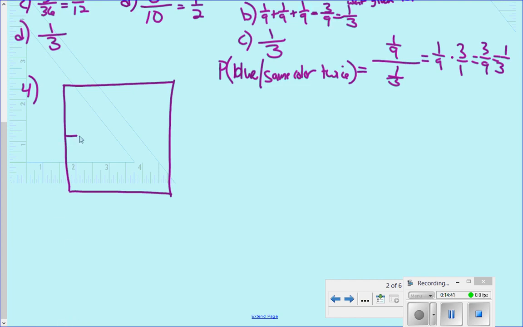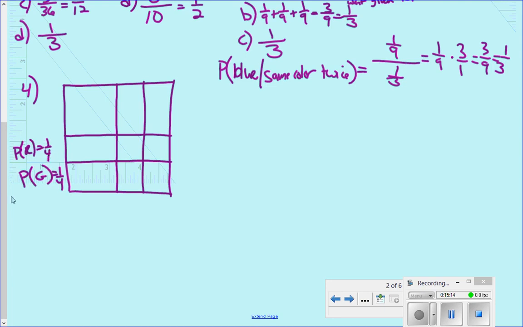So I'm going to go about halfway here, and then about a quarter of the way, half, and then about 1/4 more. Now I'm going to put my colors here. 1/4 and 1/4 are red and green, so the probability of green is 1/4, the probability of red is 1/4, and the 50% of the time is blue, so the probability of blue is 1/2.